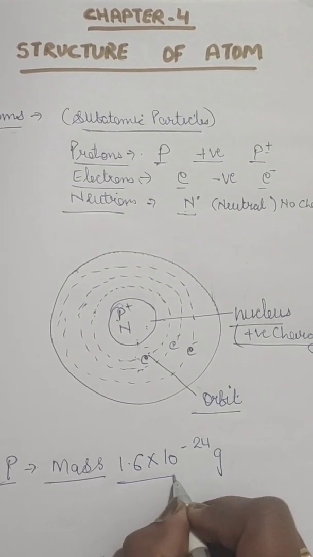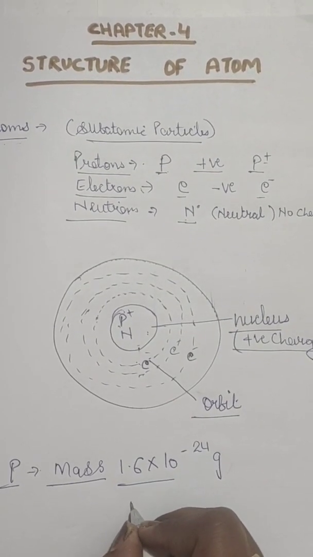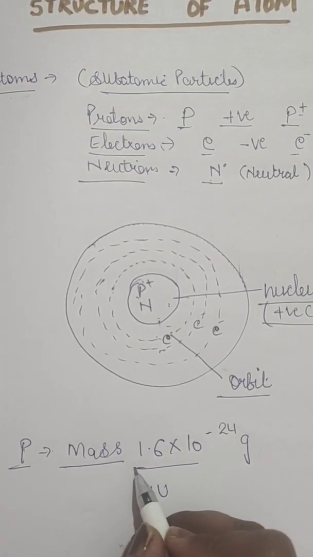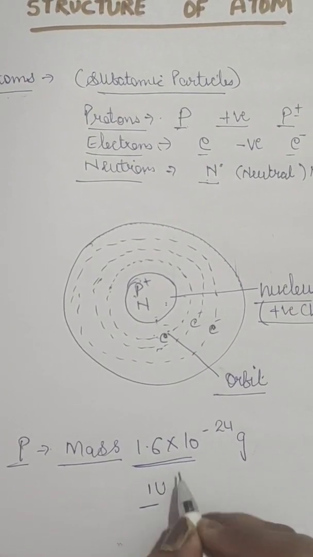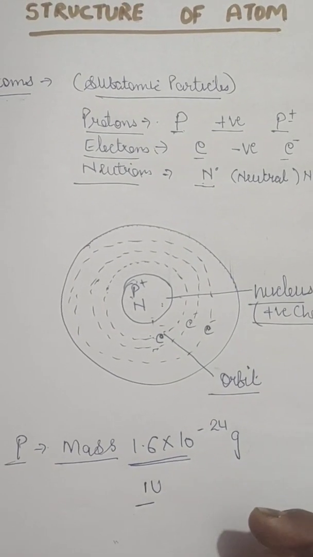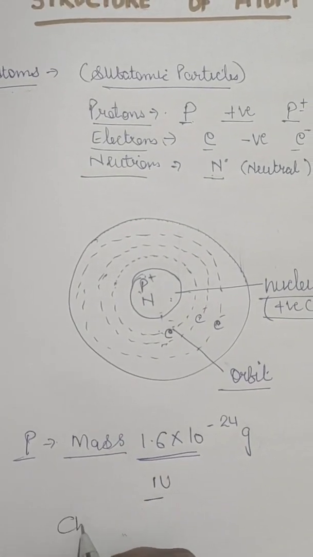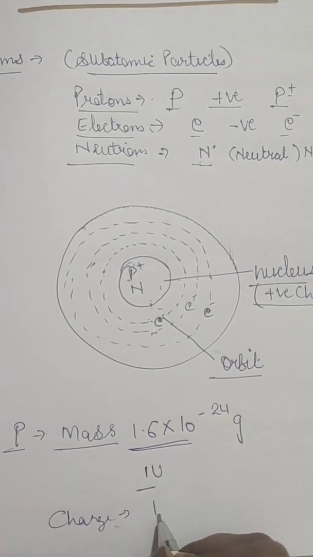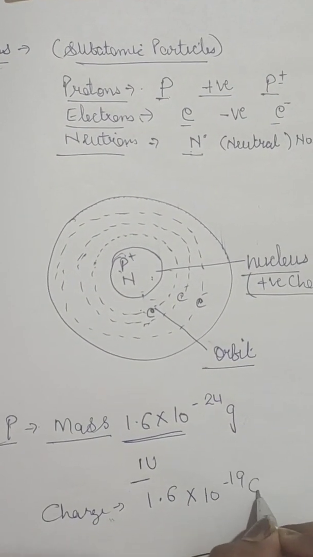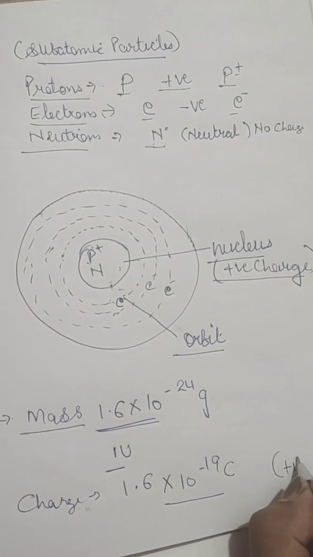It's very small, so as a relative mass we take it as 1u. So the mass of a proton is taken as 1u, and overall we don't write this unit, we just take it as 1u, which is equal to the mass of one hydrogen atom. The charge on the proton is 1.6 into 10 to the power minus 19 coulomb, and we also take it as plus 1 charge.